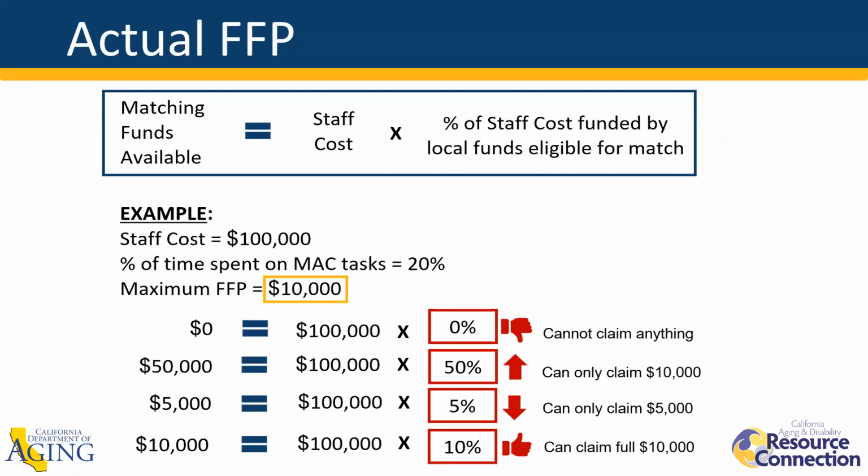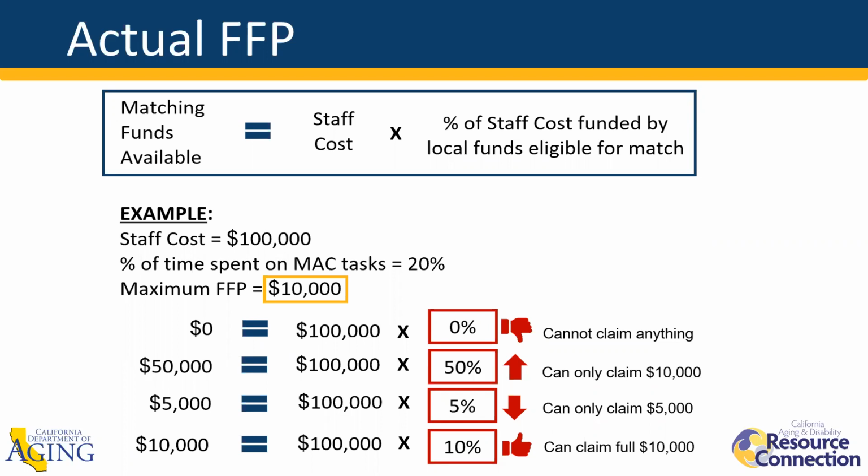And let's look at this last example. Let's say 10% of Jane Smith's salary is funded by local dollars. 10% of 100,000 is 10,000. So with this scenario, based on the 20% of time Jane Smith spends on MAC activities, having 10% of her position funded through local funds just so happens to allow us to claim exactly that maximum FFP.